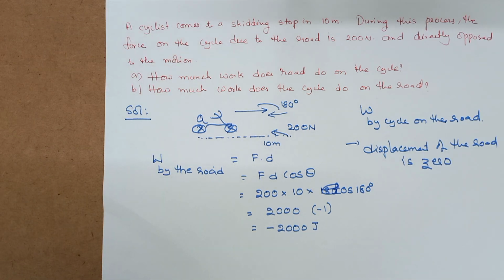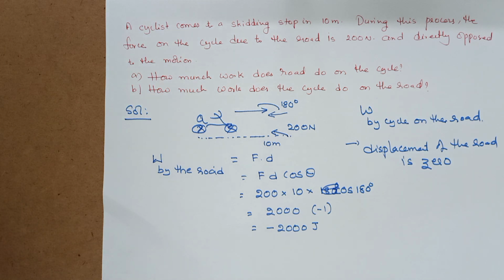Even though the bicycle applies a force on the road, the road cannot be moved, because according to Newton's third law, when the bicycle applies a force on the road, at the same time the road applies a force on the bicycle in the reverse direction. But here the bicycle is moved 10 meters, whereas the road cannot be moved.